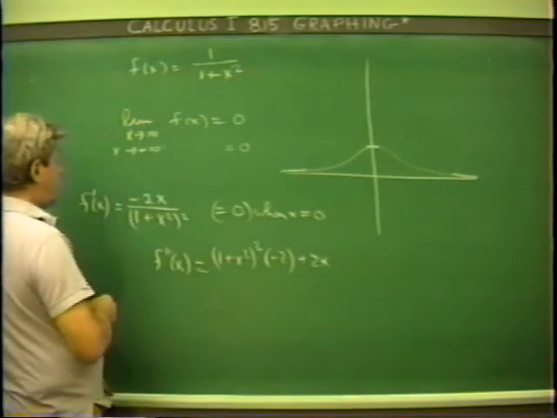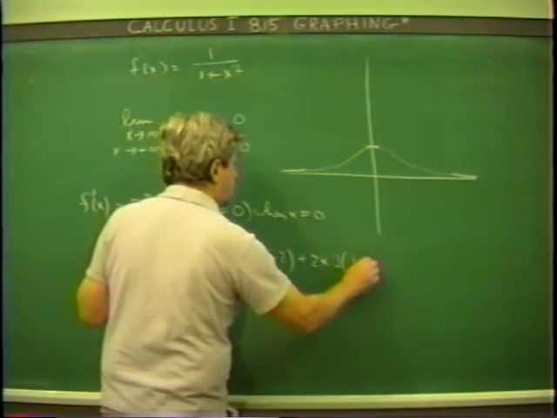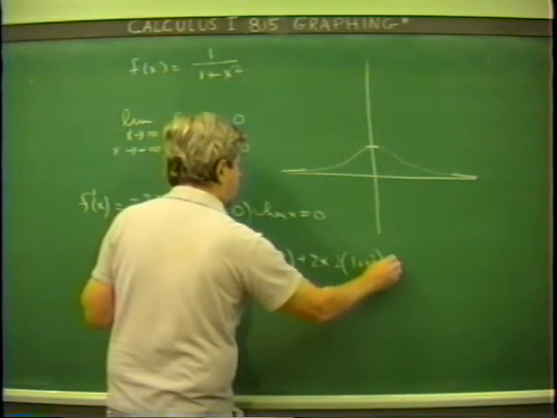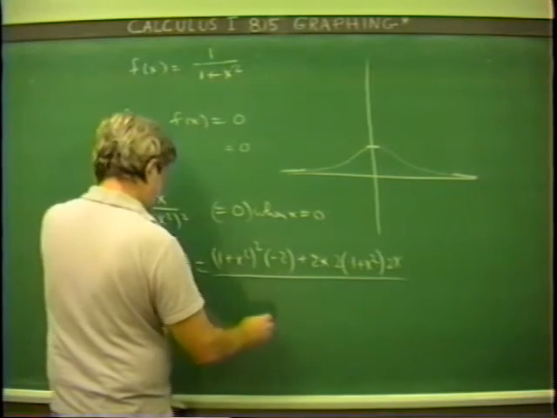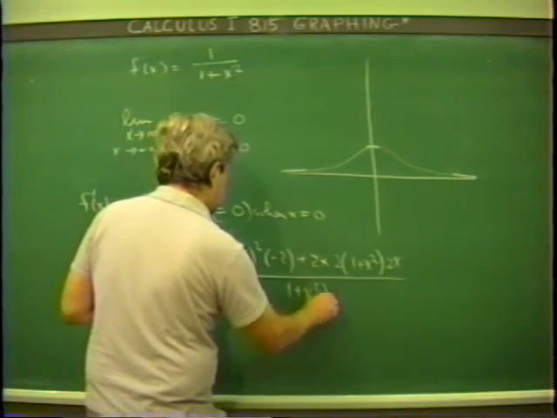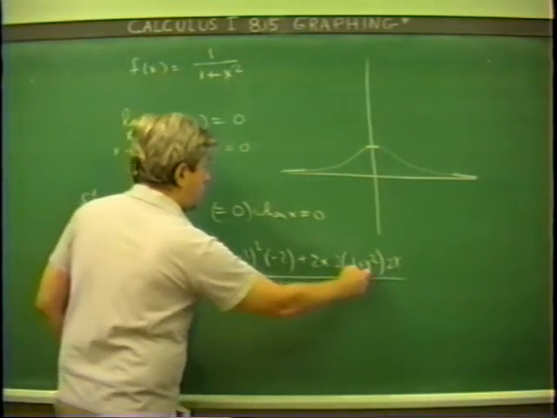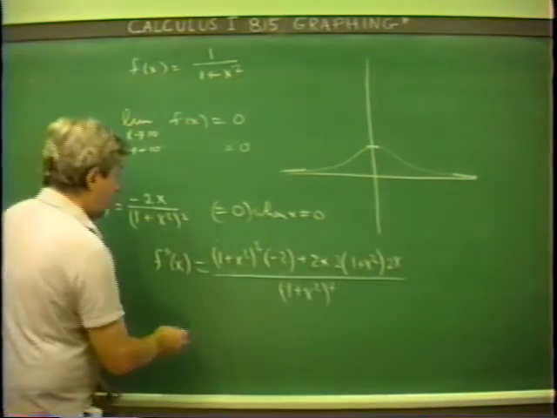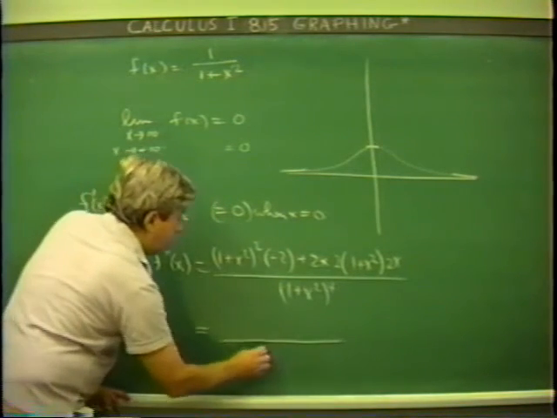This is going to be the denominator times the derivative of the numerator, minus the numerator times the derivative of the denominator, which is 2 times 1 plus x squared to the first times 2x, over the denominator squared, 1 plus x squared to the 4th power.